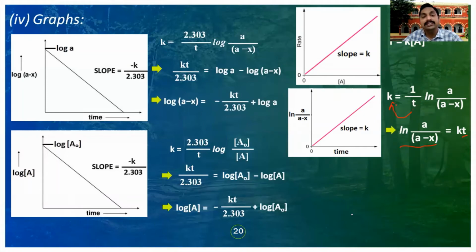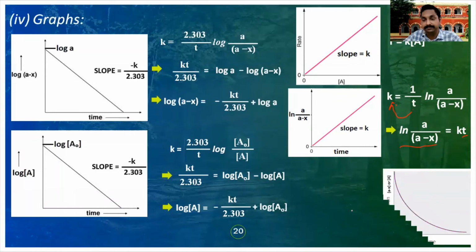Now let us discuss a plot of time versus concentration of A. We already know as A is reactant, as the time goes on, the concentration of A keeps on decreasing. So how does the plot occur? Let us see. So if you see here, time versus concentration, this will be like this.